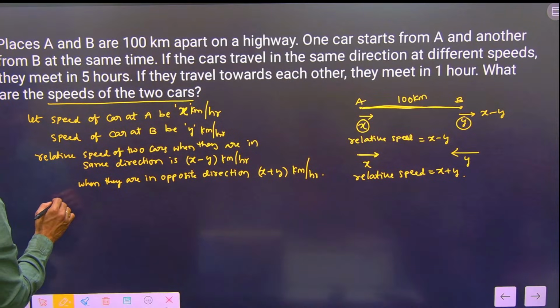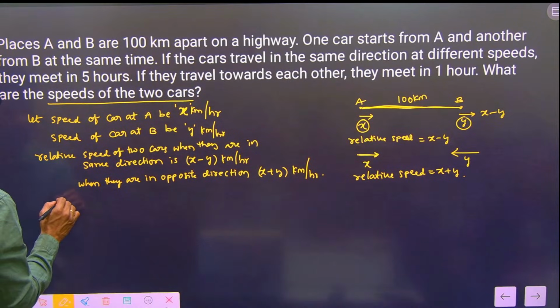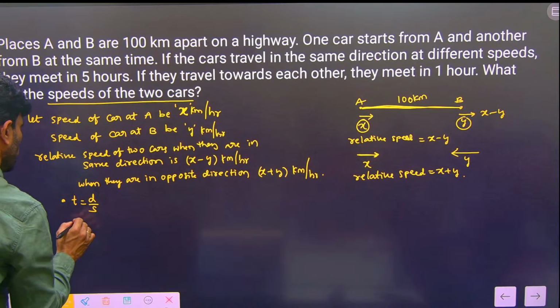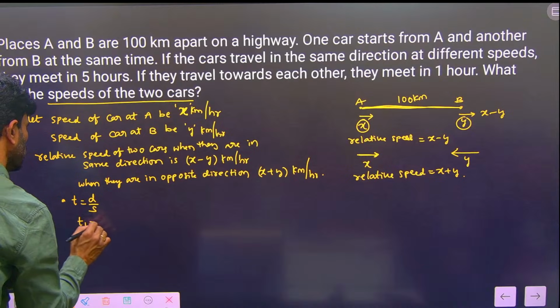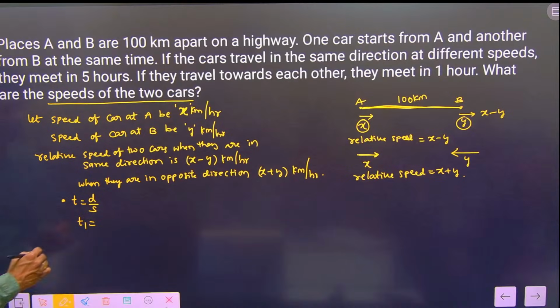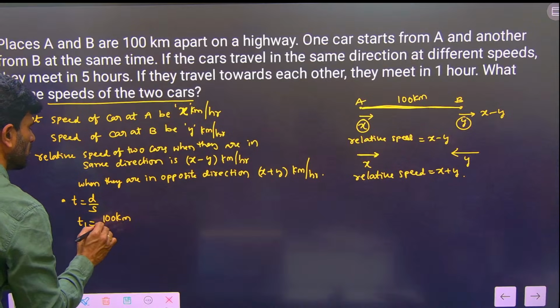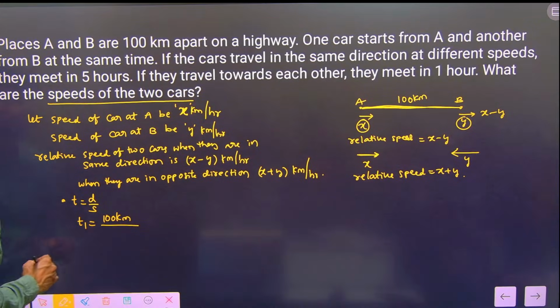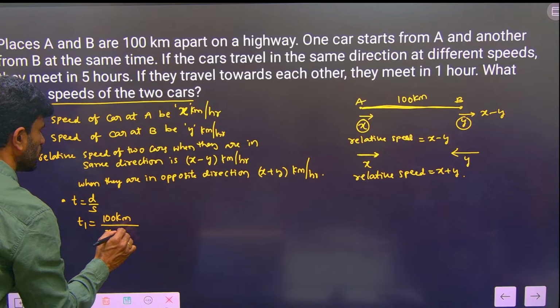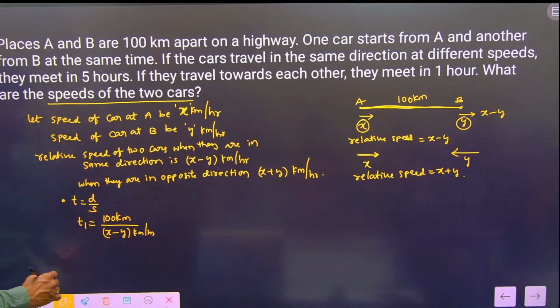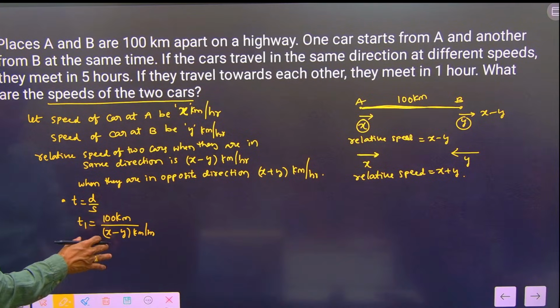Now we have the formula, time is equal to distance by speed. In the first case, t1, when they are in same direction, distance is 100 kilometers by speed x minus y kilometers per hour. No need to write units, with units or without units. This is the first one.